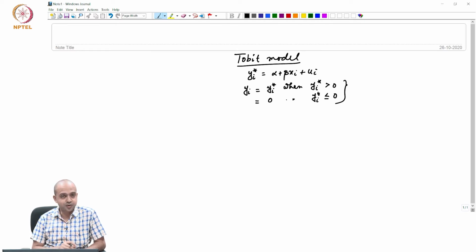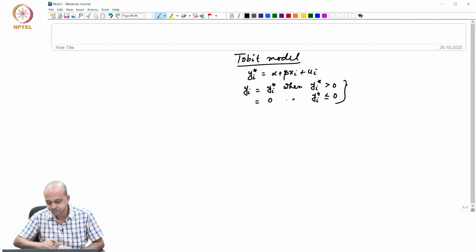We said that we cannot simply throw away the observations with 0 value, because then your sample would be a truncated sample, not the entire sample, and in the truncated sample your error term would follow a truncated normal distribution. So OLS cannot be applied there.